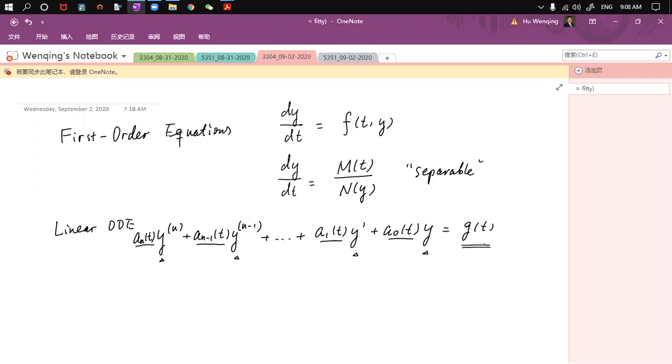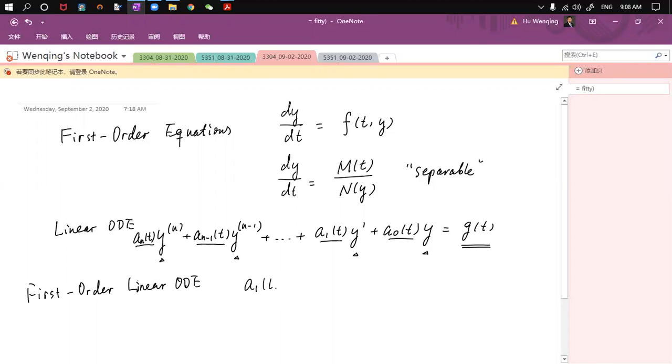Now let's focus on first order equations. How does a first order linear equation look? You can follow this general form.